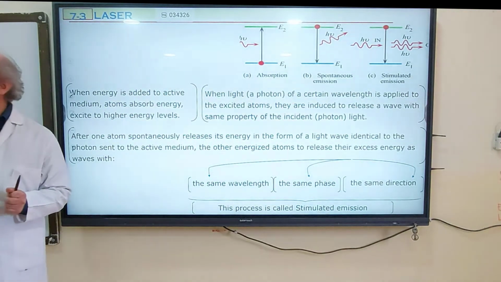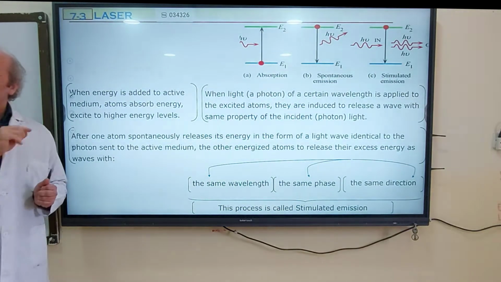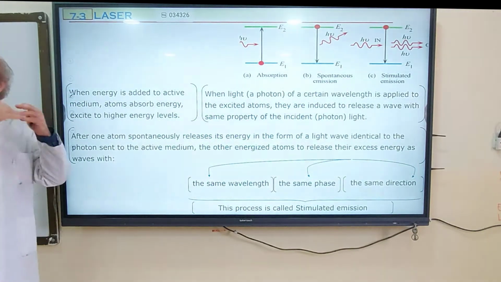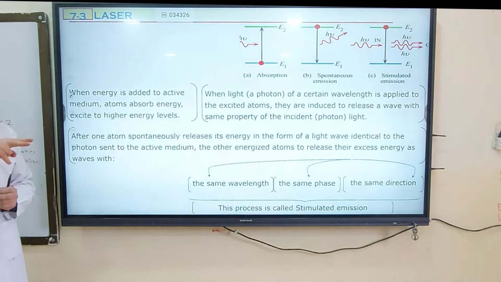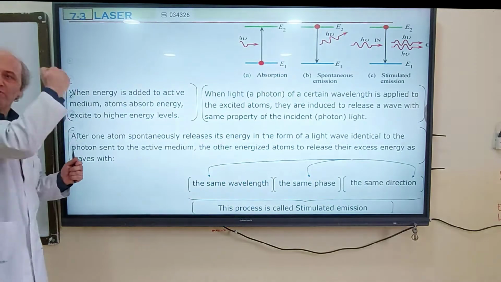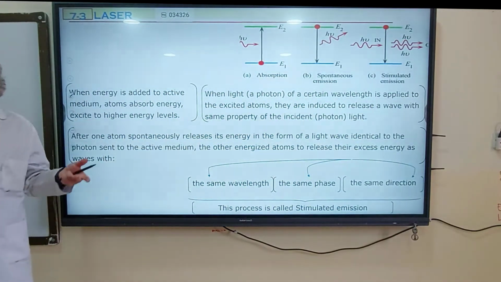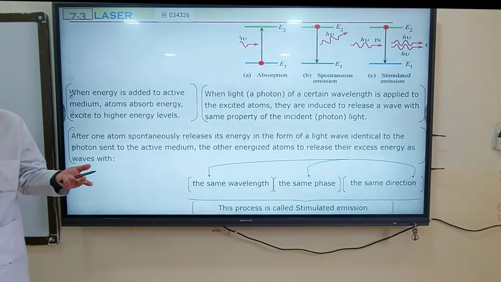As soon as you send this photon into the active medium, these atoms start to emit identical photons to the one you sent. If you use a photon of 2 electron volts, which is say blue, all photons emitted by this gas active medium are going to be 2 electron volts, which is blue.